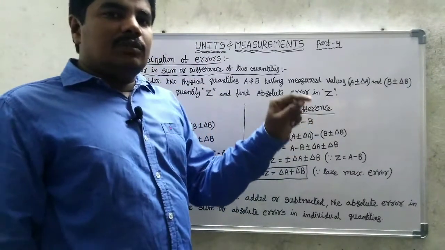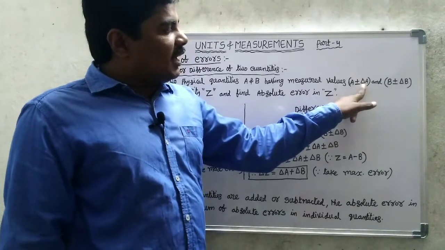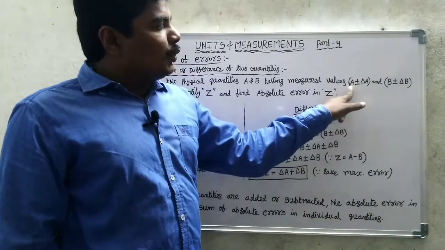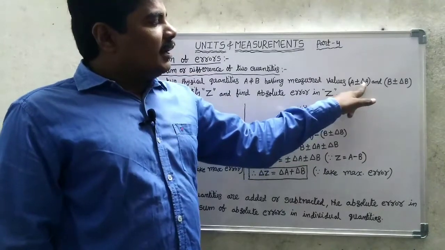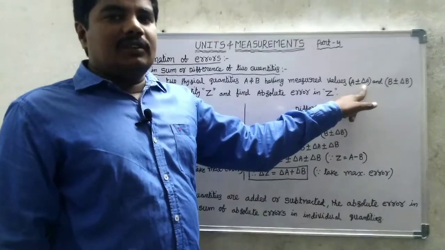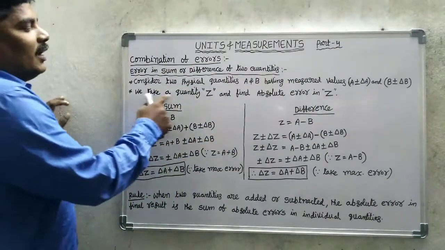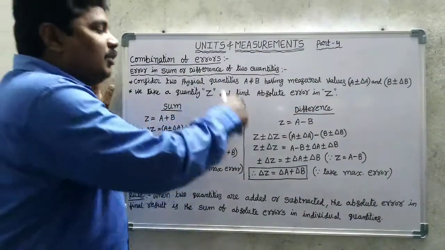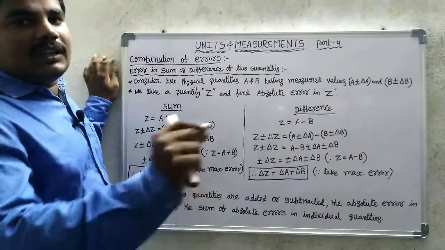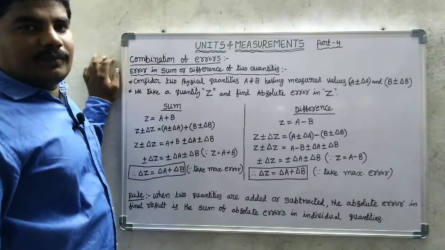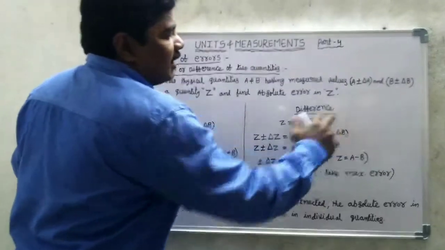The measured value is represented by A plus or minus delta A. Here A means true value. True value means mean value. And delta A is absolute error. We take a quantity Z and we find absolute error in that quantity Z. First we take sum, next we take difference.